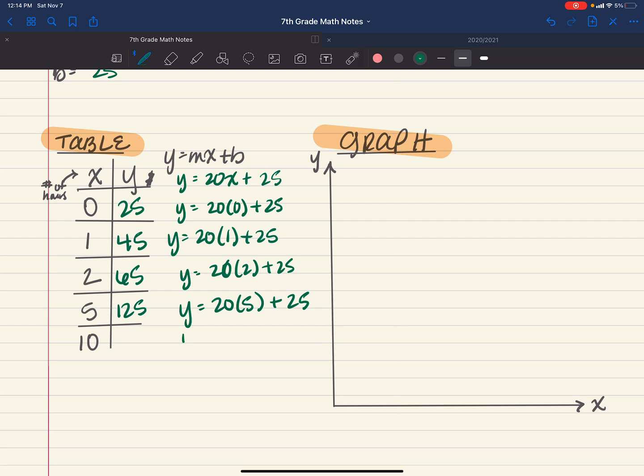Lastly, after 10 hours of work plus a fee to diagnose it, 20 times 10 is 200. 200 plus 25 is 225.